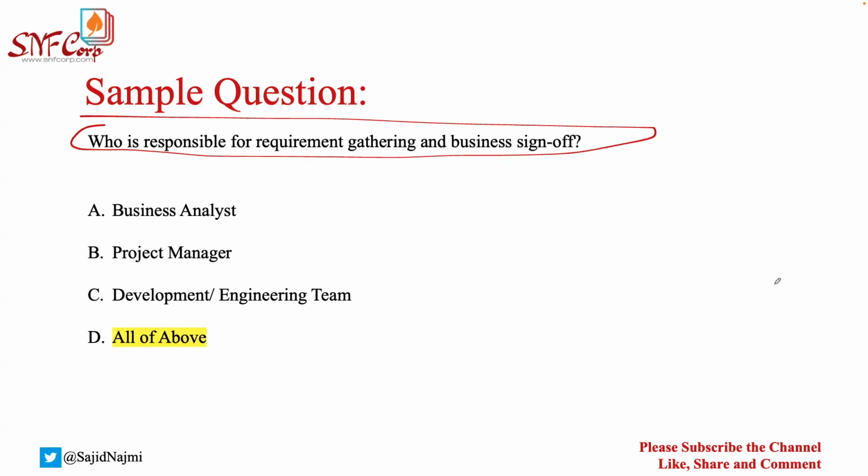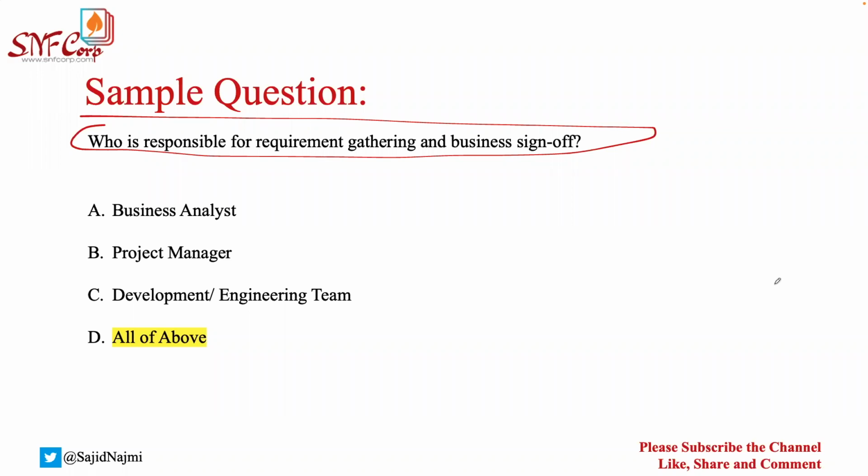See, it's not only the BA's responsibility to collect the requirements. It's everyone. Your project manager can also collect the requirements from business. Even the development team can, at certain times, reach out to business and collect the requirements. The tricky part here is that the BA is the ultimate responsible one, or the BA is accountable for all those things. If you see those words, ultimate, accountable, then BA.